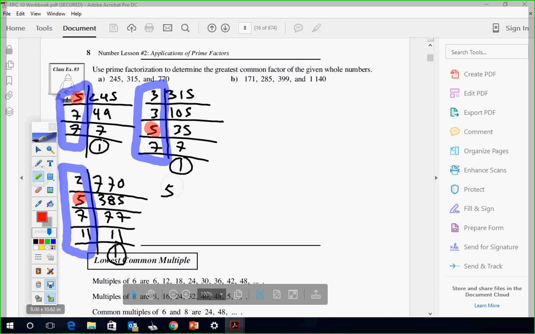They all have a 7, so write the 7 down. And that's all they have, because this one only has a 7 left. This doesn't have another 7, so that's it. So the greatest common factor is what? 5 times 7. So 35.